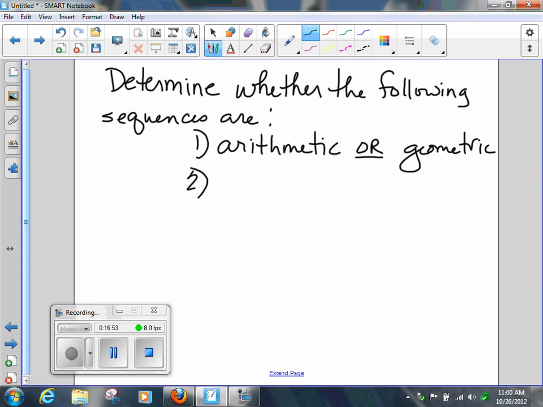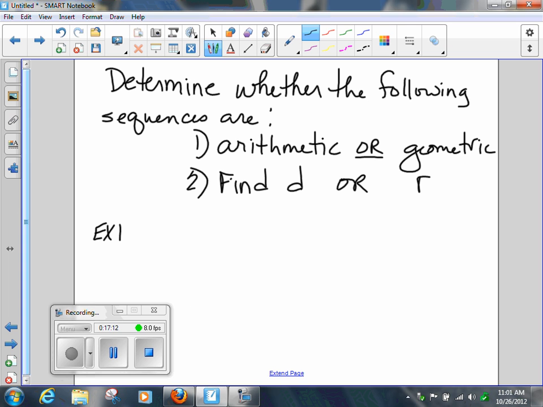And then I want you to find D or R. Find the difference or find the ratio. Okay? You have to determine, because you have to know the difference between these.